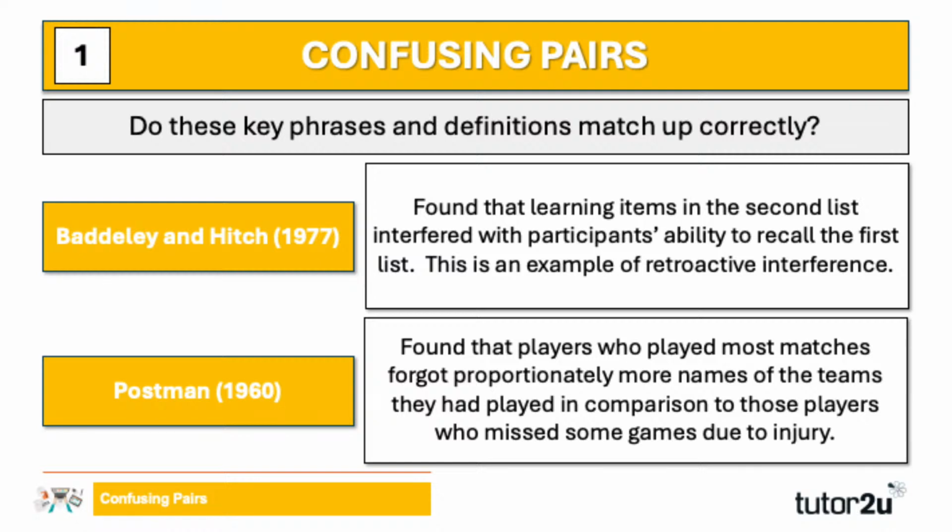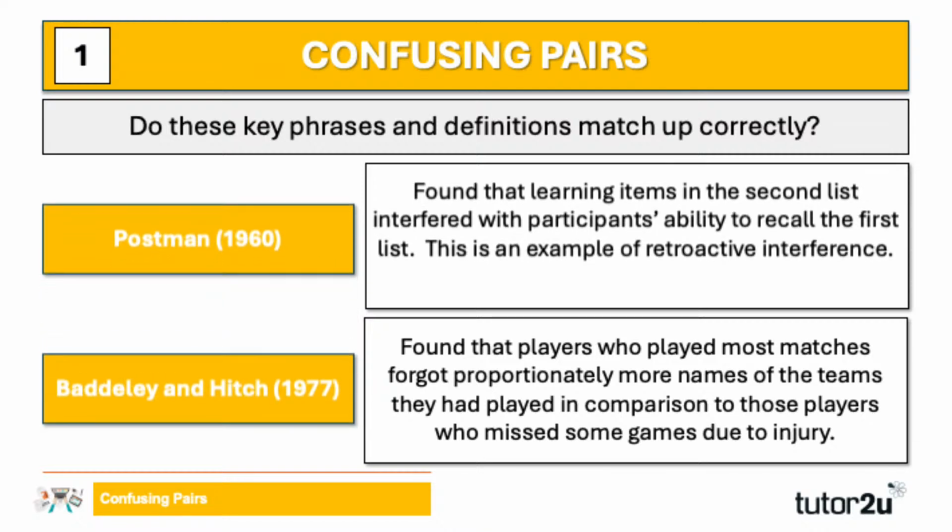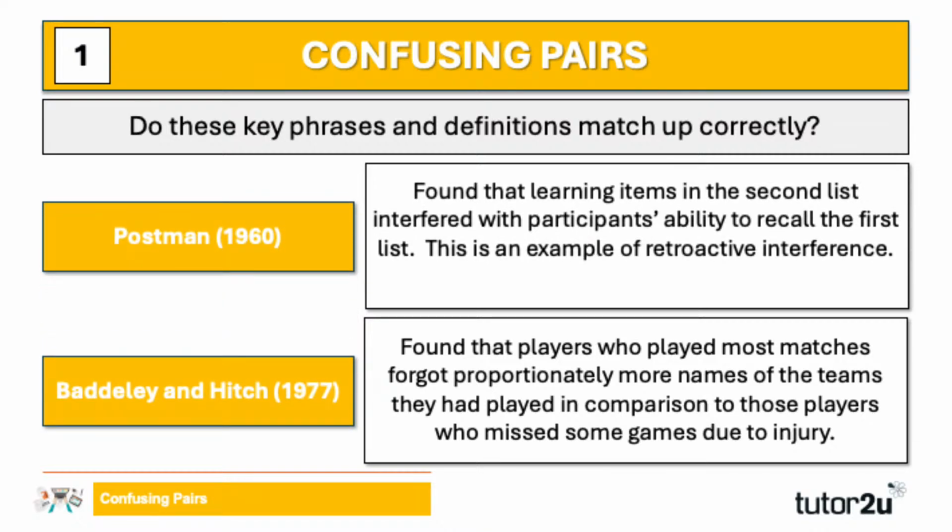Let's have a look if this is correct then, guys. So let's see, what is the answer? So these are actually not correct. Postman did a general study here on retroactive interference with lists of words and found that learning items in the second list interfered with participants' ability to recall the first list, which is obviously an example of retroactive interference.